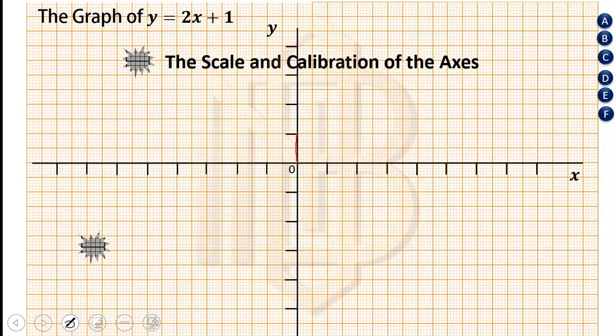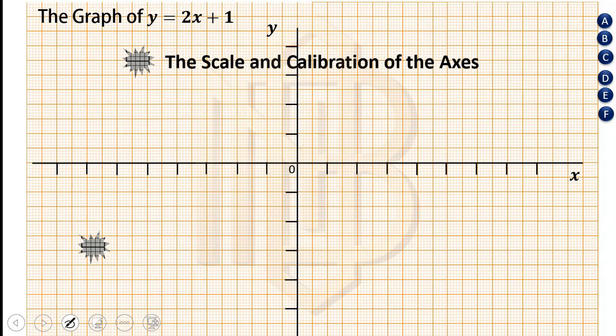Okay, so that's why if I want to use a scale of 2 centimeters representing 1 unit, that means this place is going to be 1, this is going to be 2, this is going to be 3, and so on and so forth. And to the negative side of the y-axis, that means I have -1, -2, -3. Okay, and so on and so forth.